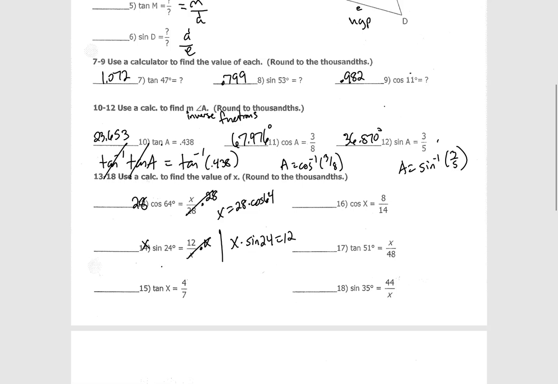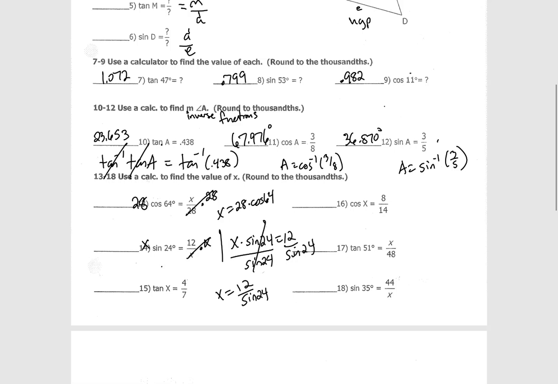And then sine of 24 degrees is just a number. I don't really know what that number is, but I know it's just some number. So the opposite of multiplying by that number is to just divide by that number. These cancel, and you get x equals 12 divided by the sine of 24 degrees. You would plug that into the calculator and get your answer.